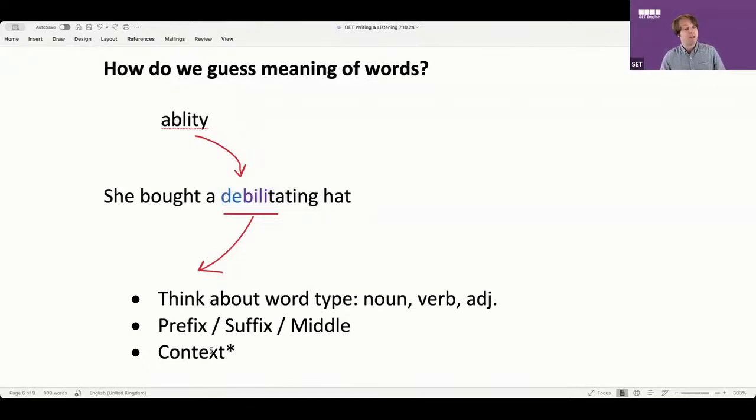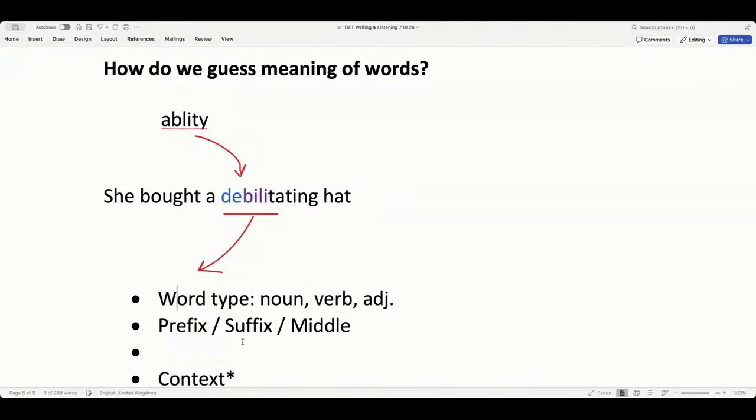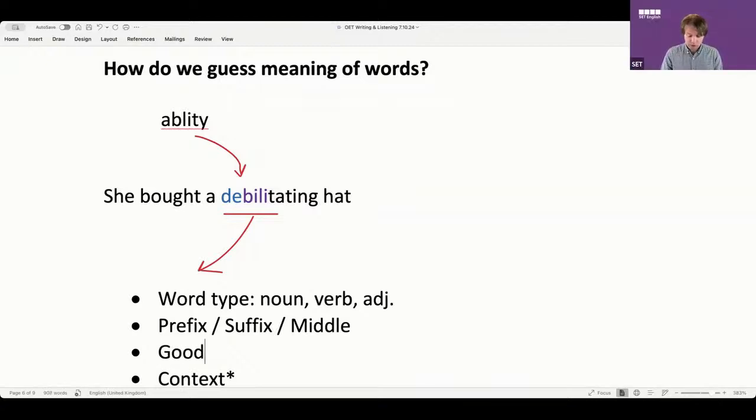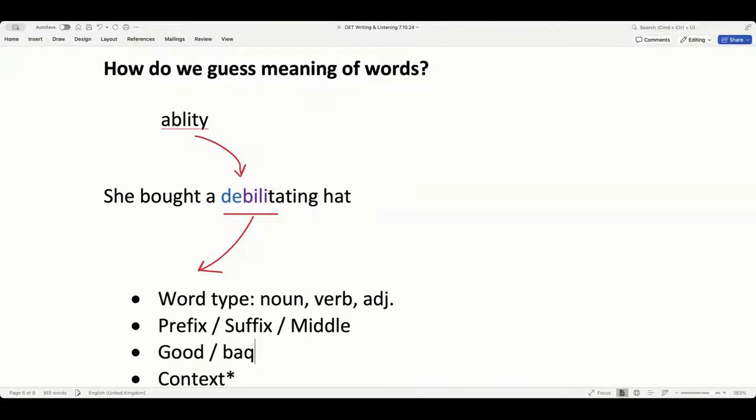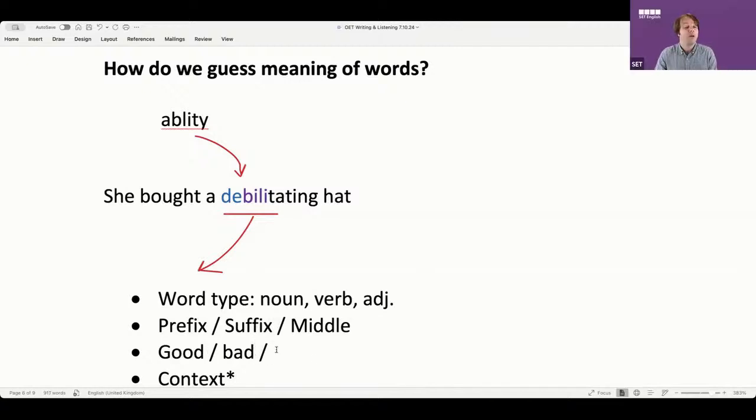I'm just interested in other ways. That would be context though. Are there any other ways? I always forget them. Is there any other one? Najibullah, is there anything else? Word type, prefix, suffix. Oh yeah, there is. Hussein. Is it good? Is it bad? Positive. What's the other one?